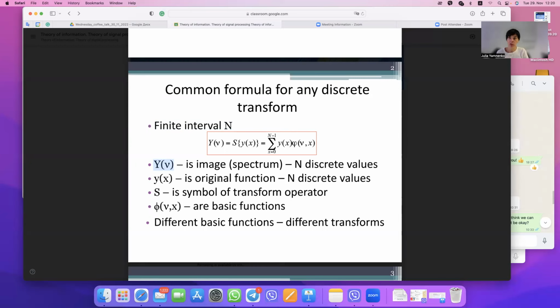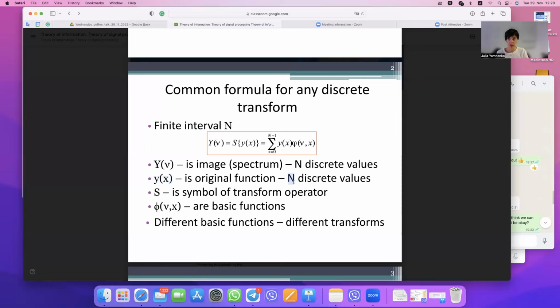And this spectrum is calculated according to this formula by the known values, by the known original function or original signal that is marked as y small of x. And it is also represented by the same number of discrete values, N capital.